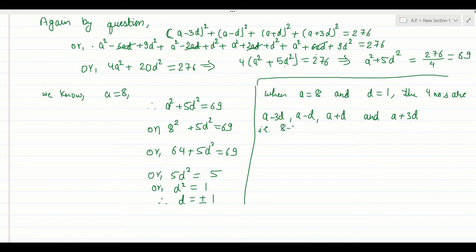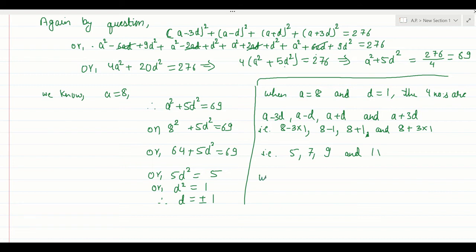So 8 minus 3 into 1, then 8 minus 1, then 8 plus 1, and 8 plus 3 into 1. That is 8 minus 3, 5, then 7, then 9, and then how much? 11. Is this clear?